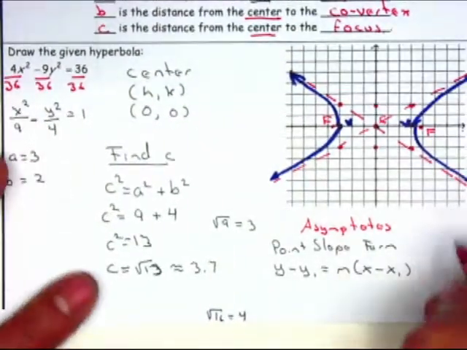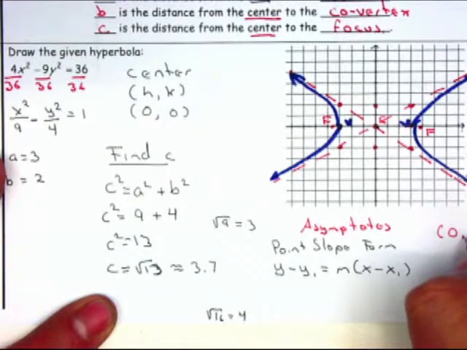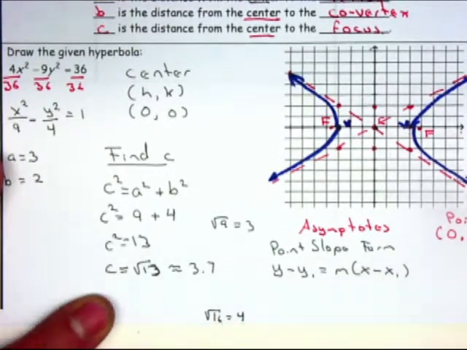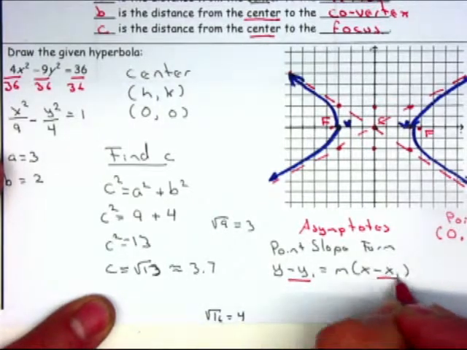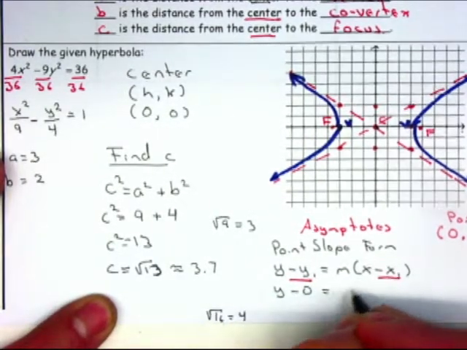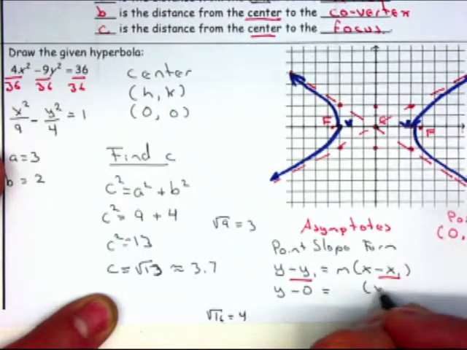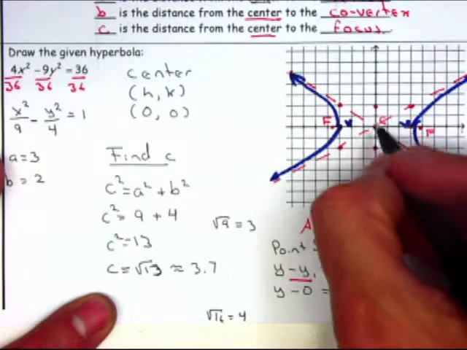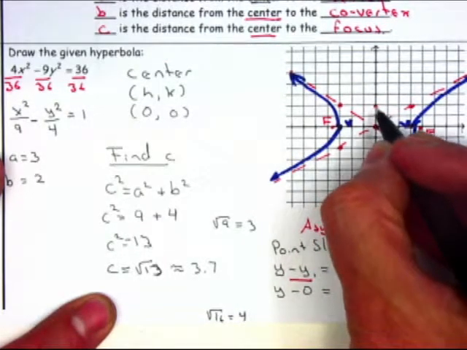So let me substitute here and here. That'll be y minus 0 is equal to the slope times x minus 0. My slope for the equation is up 2 and to the right 3, because it crosses those two points.